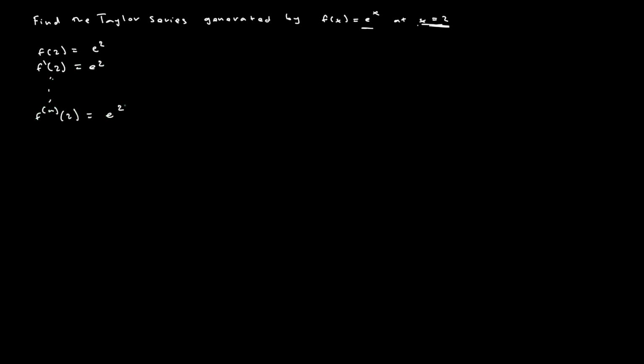And so we know that the formula for the Taylor series is simply the sum from k equals 0 to infinity of the kth derivative at our center, and our center is 2 in this case, divided by k factorial, times x minus 2 to the power of k.